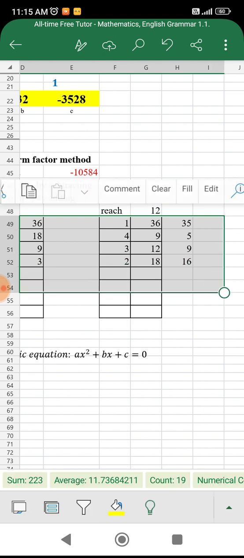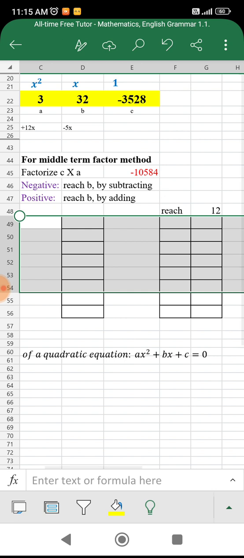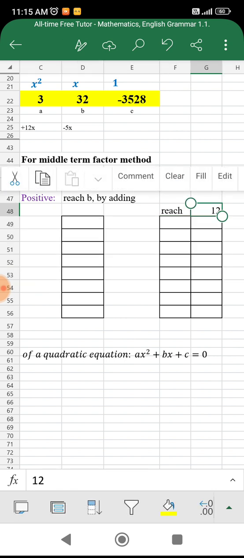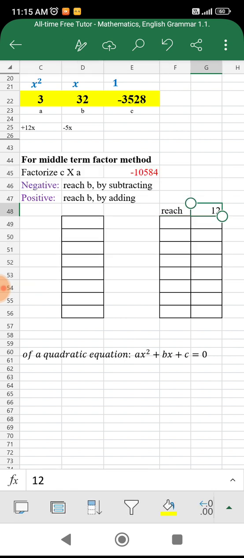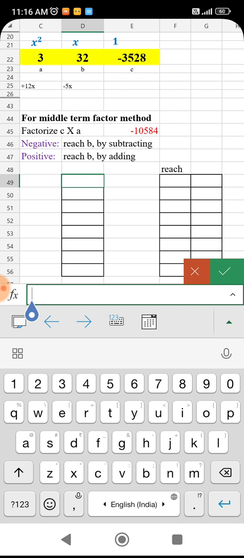I am clearing this section. So what we have to do? Don't multiply these 2. It will take 30 or 40 seconds, so don't waste this time. Just write it this way: 3 into 3528.